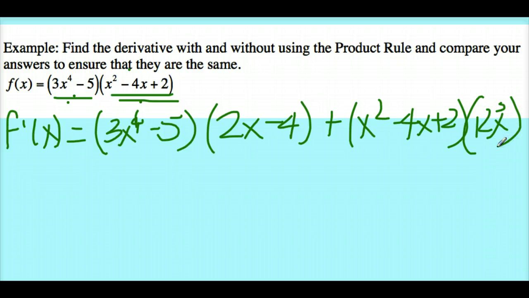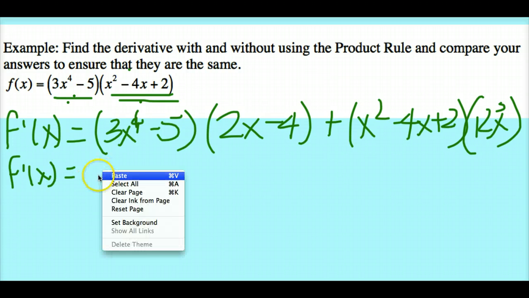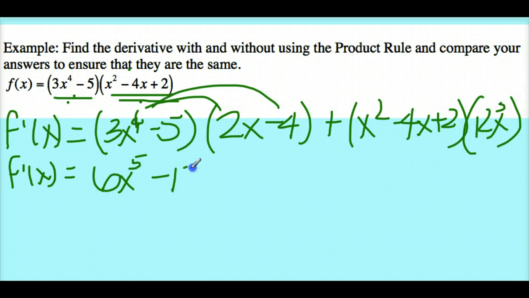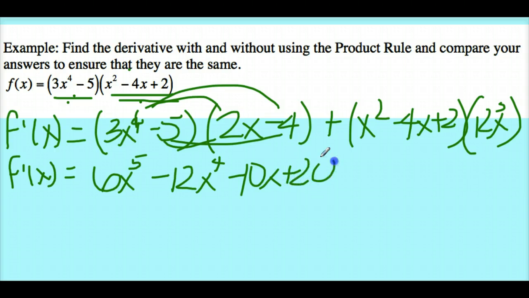So let's distribute all of this out, and you're going to get f prime of x is equal to 6x to the 5th minus 12x to the fourth, right here, minus 10x plus 20.